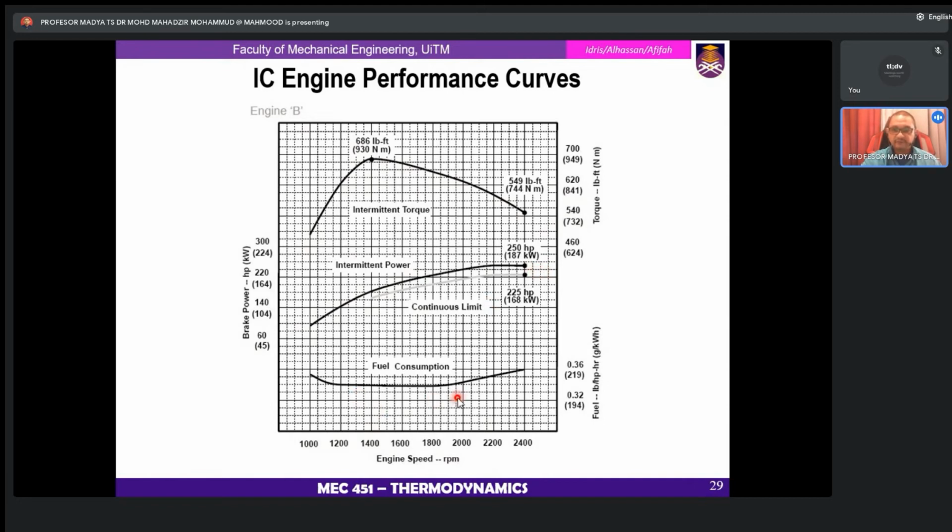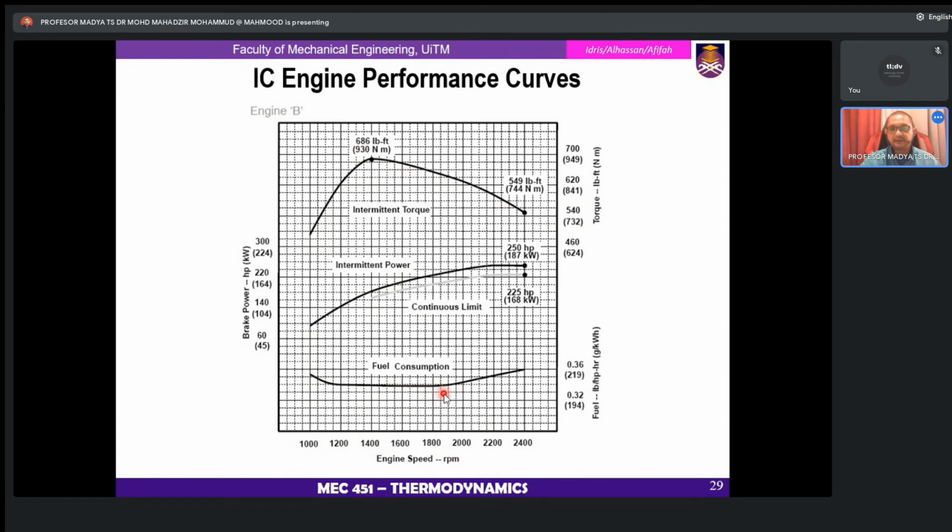But when we compare the fuel consumption, what happens at idle condition? The fuel consumption is higher compared to increased RPM, and then it will drop, stay constant and then increase.